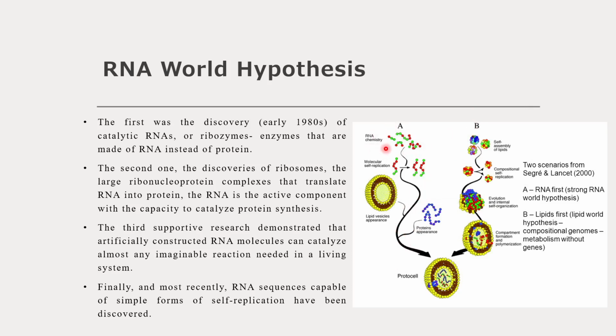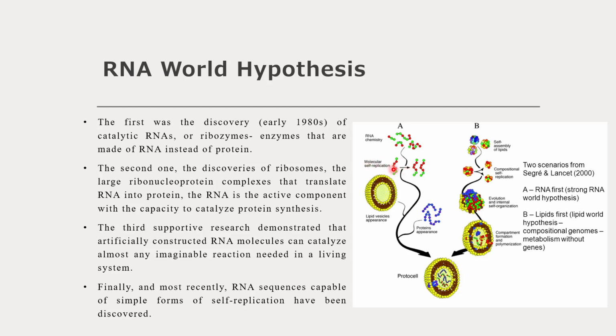It says RNA chemistry: RNA along with protein complex, that is ribonucleoprotein or ribozyme, which leads to molecular self-replication. That means at that time ribozymes replicated themselves. Nowadays RNA cannot replicate itself. It replicates using a template with the presence of different enzymes.